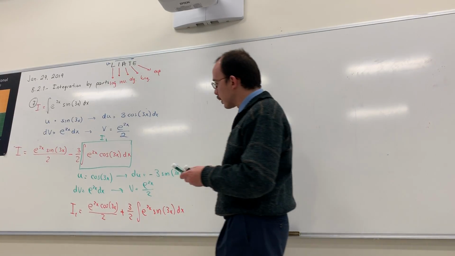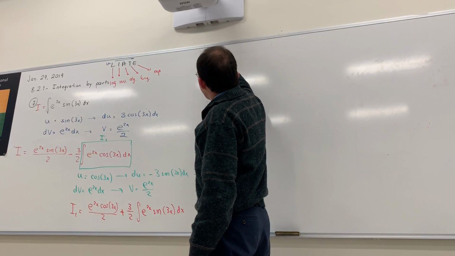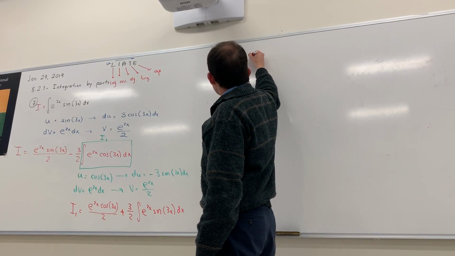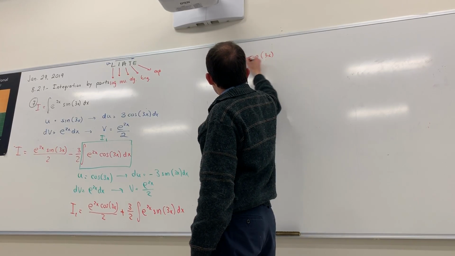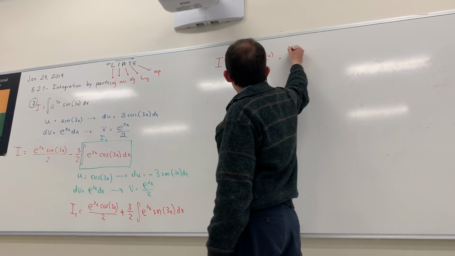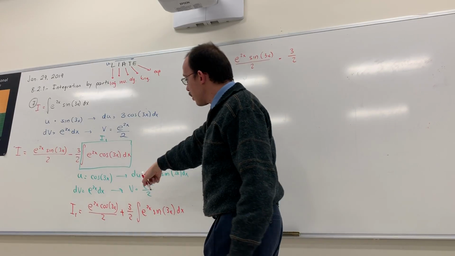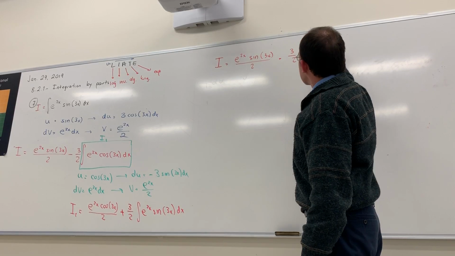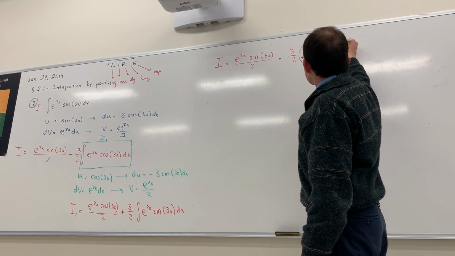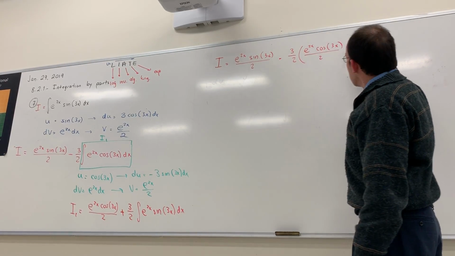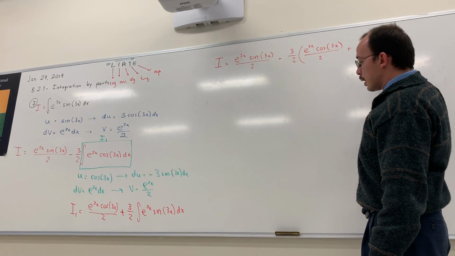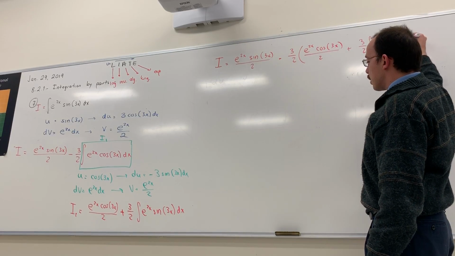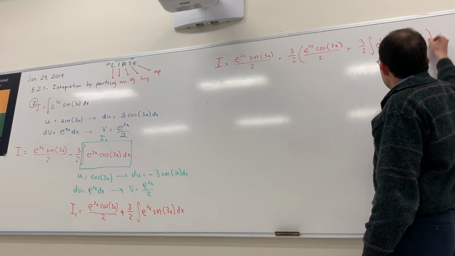But let's put the entire solution so far: e to the 2x sine of 3x over 2 minus 3 halves I1, which is e to the 2x cosine of 3x over 2 plus 3 halves integral of e to the 2x sine of 3x dx.